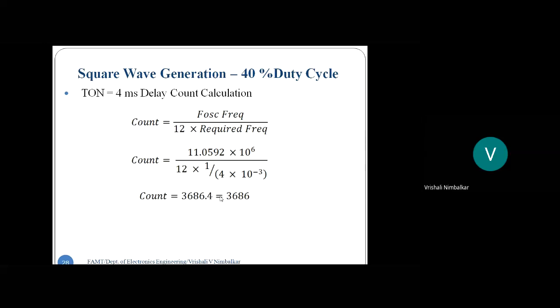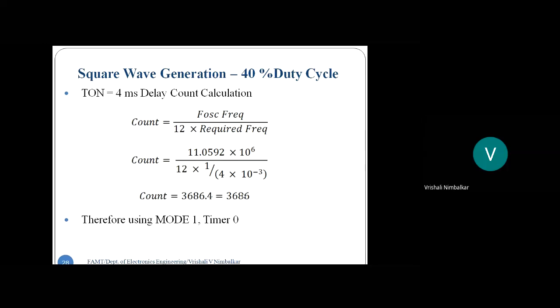After the decimal point, if there is a number lesser than 5, we round to the lower side. If after the decimal point 5 and above, we round up. Now this is 0.4, so we round it towards the lower side. So then that fraction number, we take it into integer 3686. Correct? And we have already decided we will be using mode 1 and we will be using timer 0.